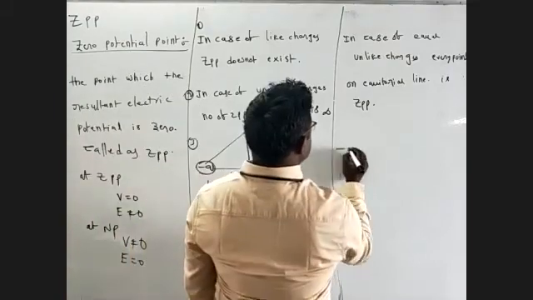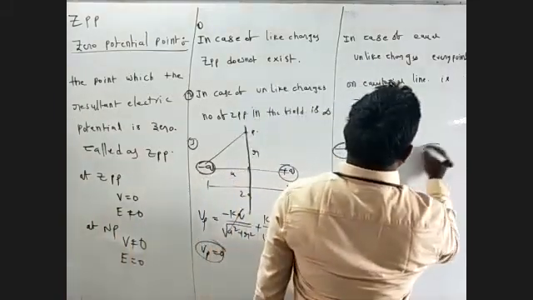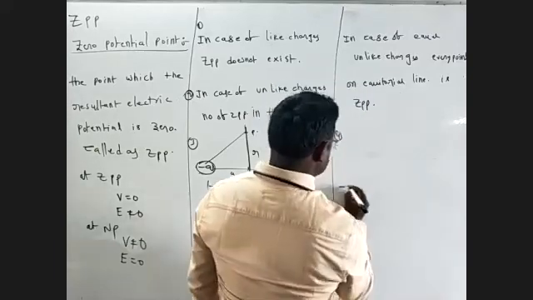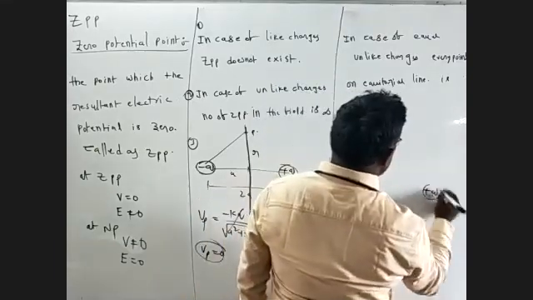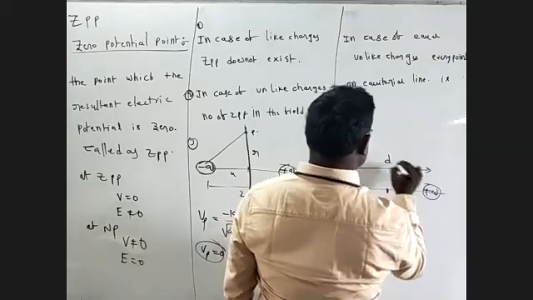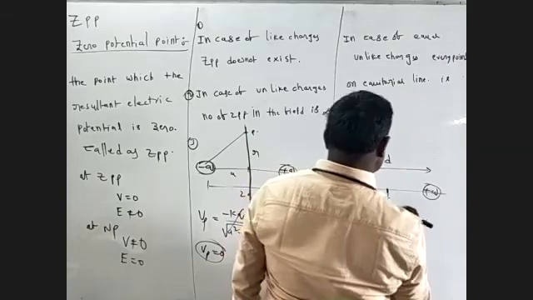This is a minus q, this is a plus q, this is the axial line, and this is the midpoint. At the midpoint, a ZPP exists.